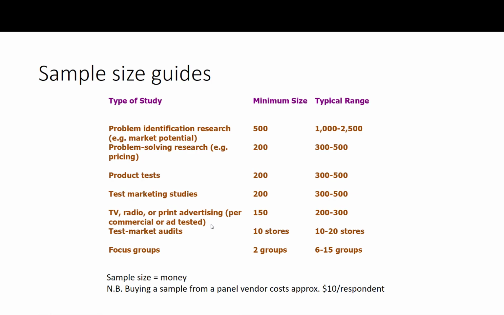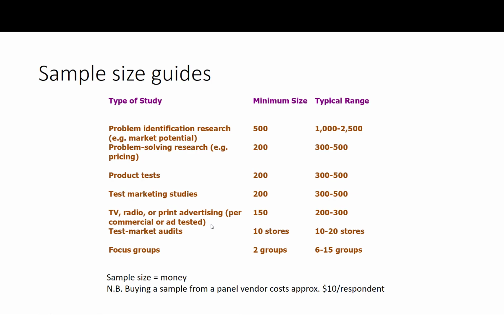So a panel vendor will recruit people to be on their panel, and if you've been recruited to one of these panels, you are saying that you are willing to fill in surveys for money, basically. However, in terms of these costs, we're looking at about $10 per respondent. And depending on your panel vendor, that might be per respondent who actually responds versus per respondent who is provided.